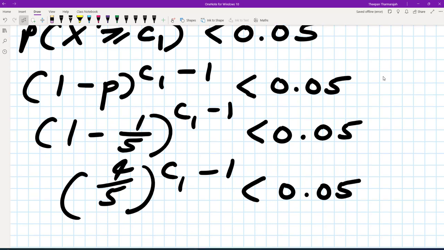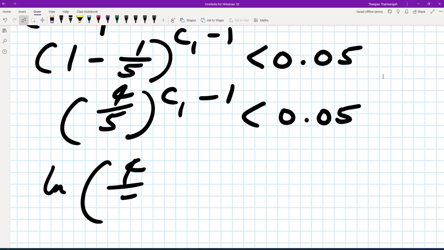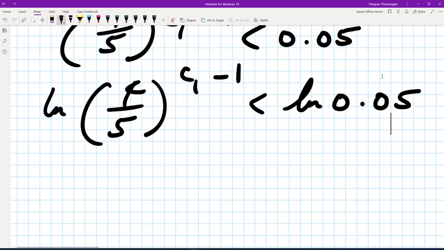Then what we could do is solve this equation by using the natural log. So the natural log of (4/5) to the power C1 minus 1 is strictly less than the natural log of 0.05. Using the laws of logs now, C1 minus 1 comes down.